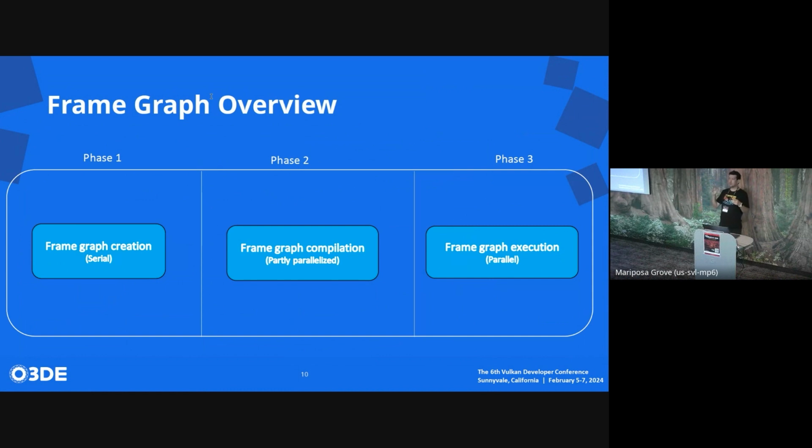The execution works in a parallel way using multiple threads, where every pass can record into a command list, or they can even record to multiple command buffers, depending on how much work they say at the beginning they're going to do. So if we have a pass that says, yeah, I'm going to do a lot of work, we create a bunch of secondary command buffers for that pass, and we give all the secondary buffers to this pass in different threads so they can record their work.